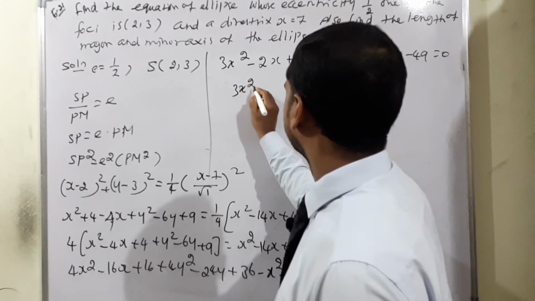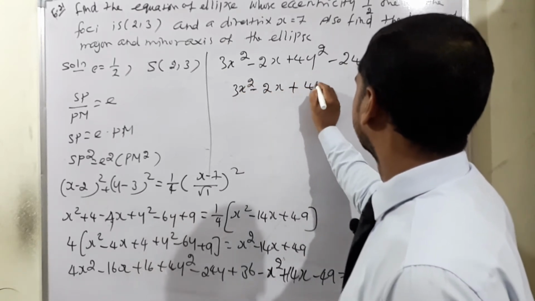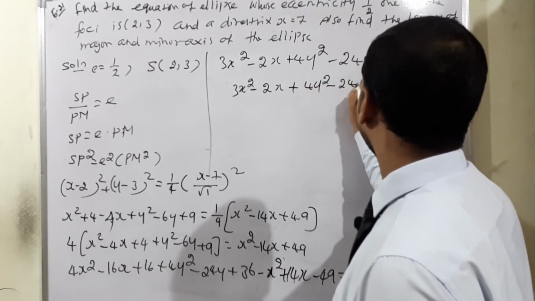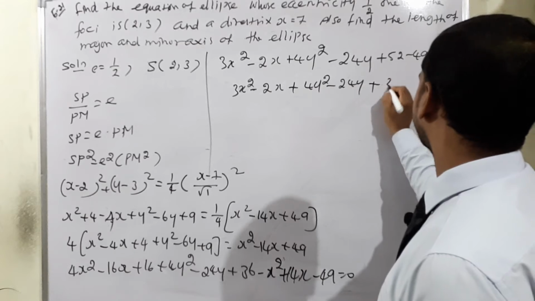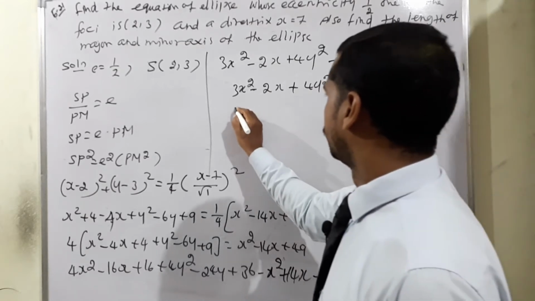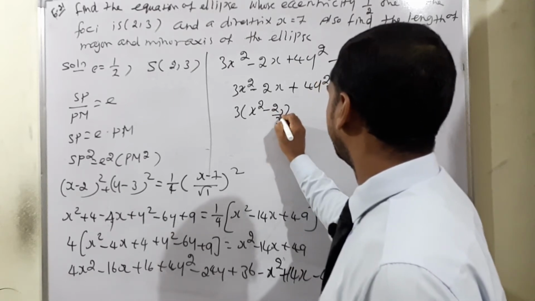Therefore, 3x square minus 2x plus 4y square minus 24y plus 3 is equal to 0. So taking 3 common outside: x square minus 2 by 3 into x.